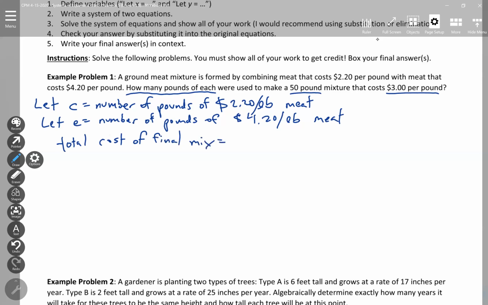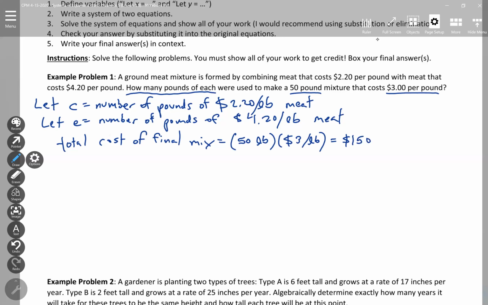To get the total cost, we would just multiply that weight by the cost per pound. So we have 50 pounds times $3 per pound, and 50 times 3 is $150.